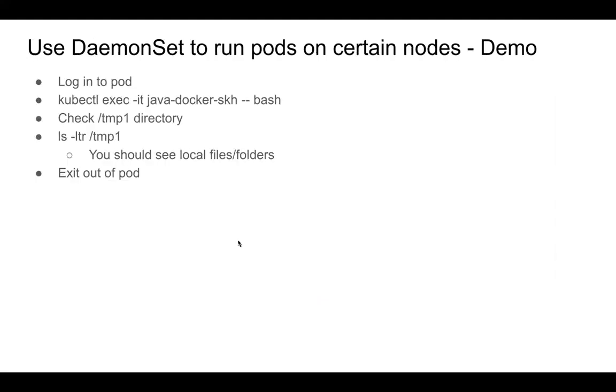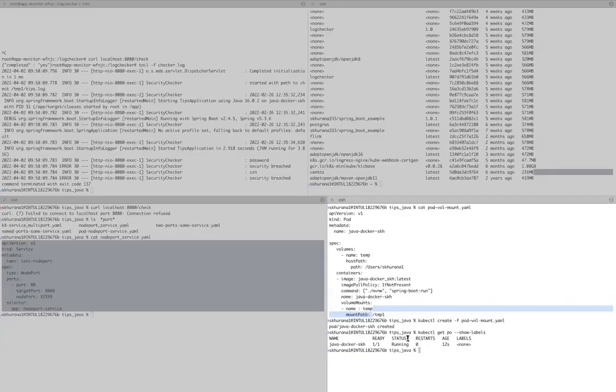Right. Now what I'm going to do is log into the pod, just to validate it. So kubectl exec -it, it means interactive. Once I log into this pod, I will see ls -ltr /tmp1.